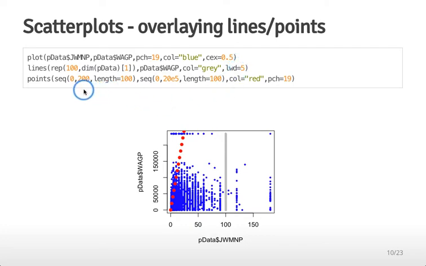I can also add points to a plot. In this case, I'm going to add points where the x values are a sequence from 0 to 200 in equal intervals, and then the y values are a sequence from 0 to 200,000 in equal intervals as well. And so what you can see here is that I have a set of dots that line up along those values.